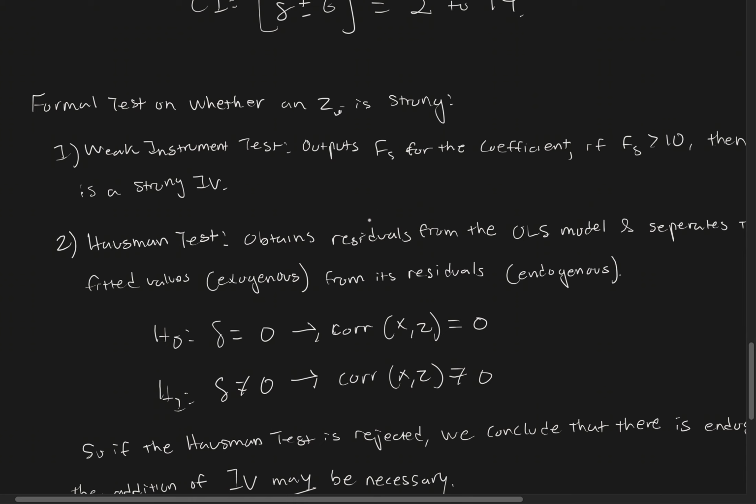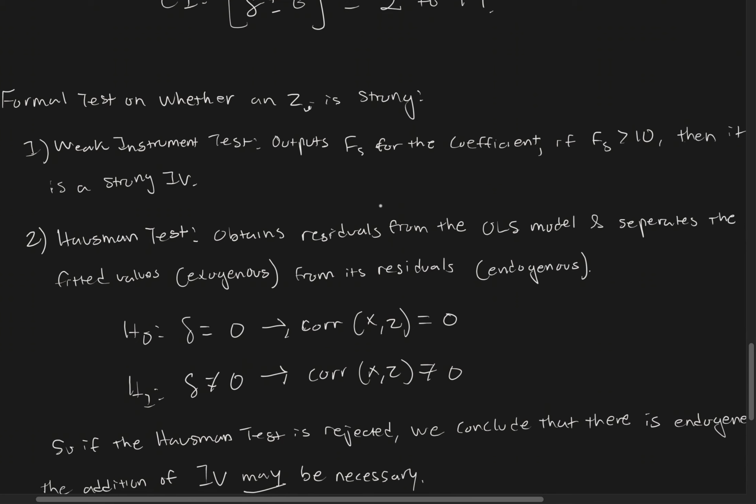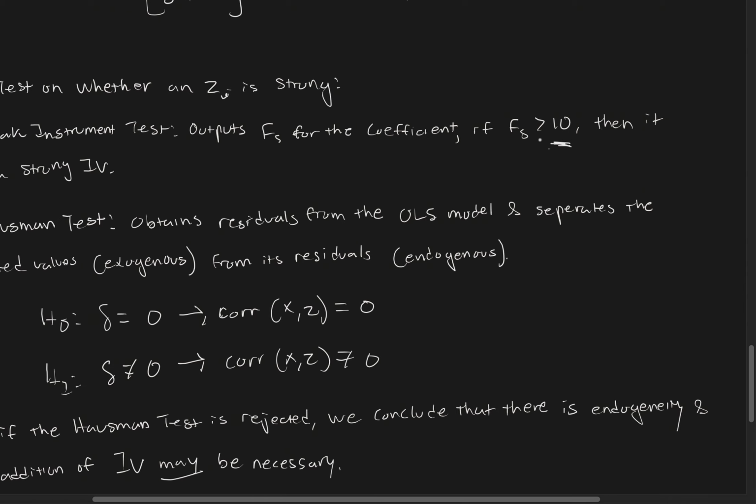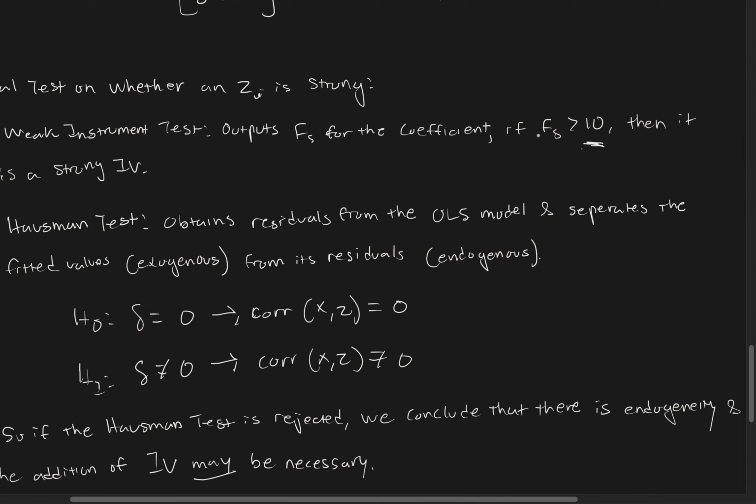If it's anything less than 10, we'll usually conclude that's a weak instrumental variable. This 10 value isn't a cutoff for all the ways we determine if it's strong or not, but I think generally the most common cutoff is 10.